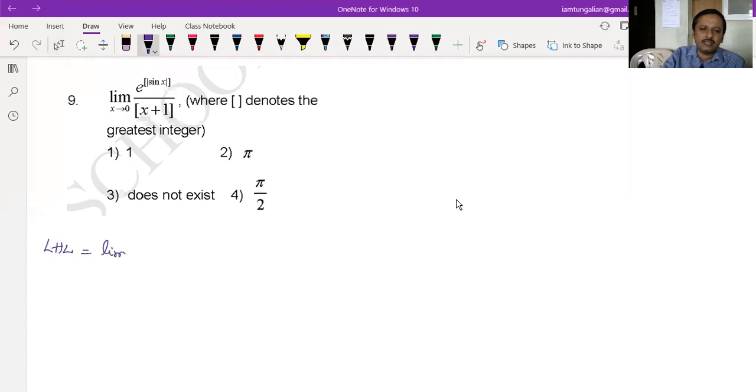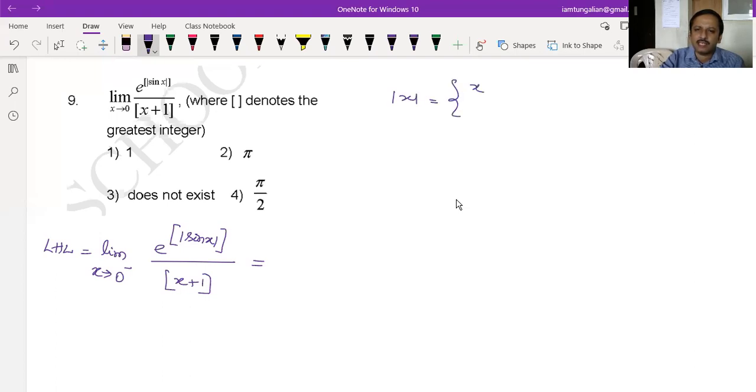Left hand limit, x tends to 0 minus, of e power step of mod sin x divided by step of x plus 1. x is approaching 0 from left side. When x approaches 0 from left side, what happens to mod x? Mod x, you know, is defined as x if x is greater than or equal to 0, and minus x if x is less than 0.